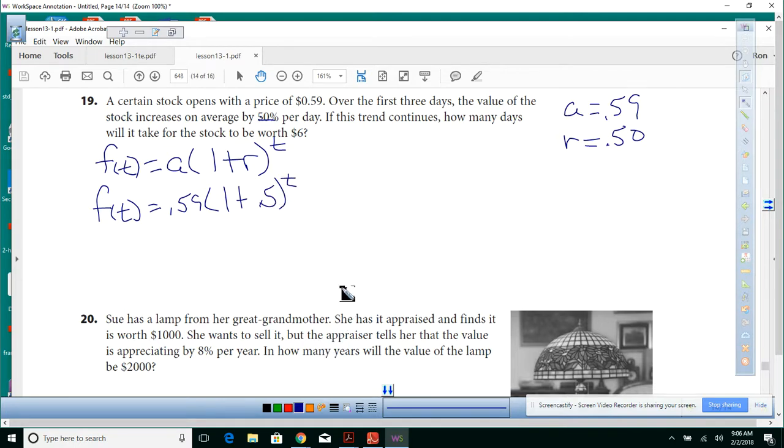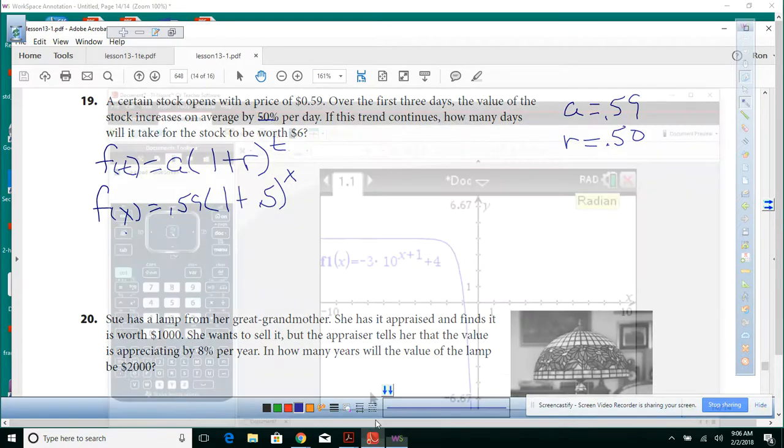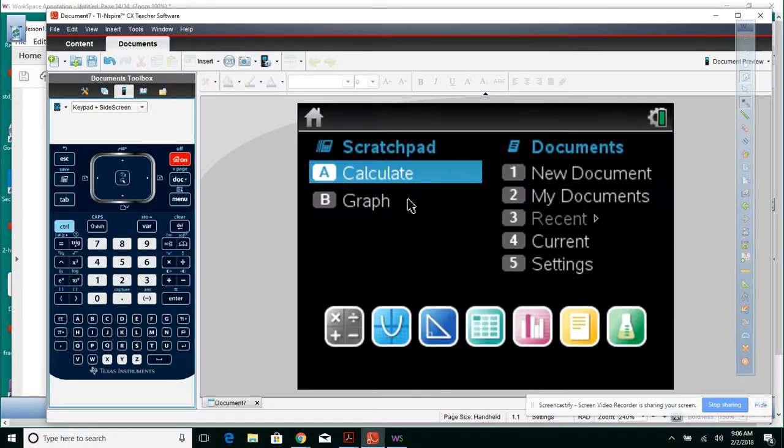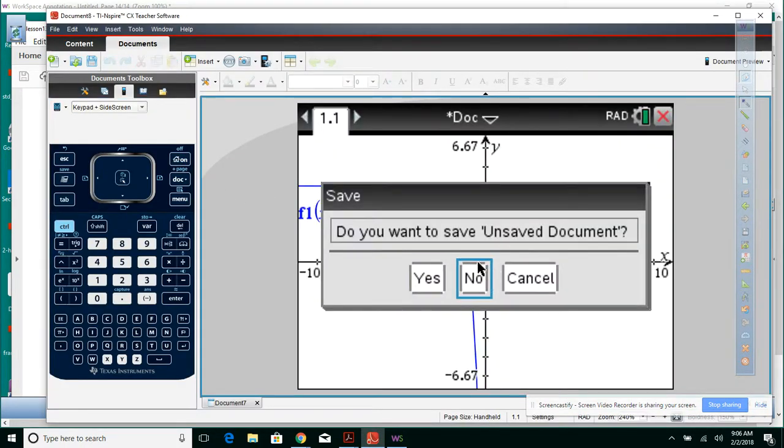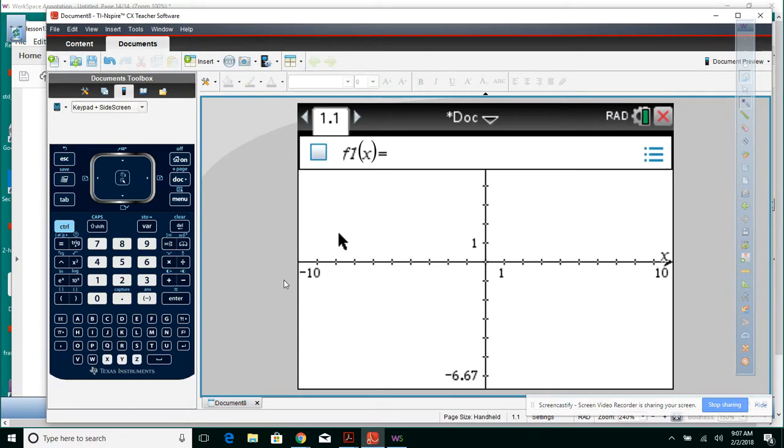Now, to put it in the calculator, you can't use t. You got to use x. So let's make an x there. All right. So let's go to our graphing calculator. On. New document. No. Graph.